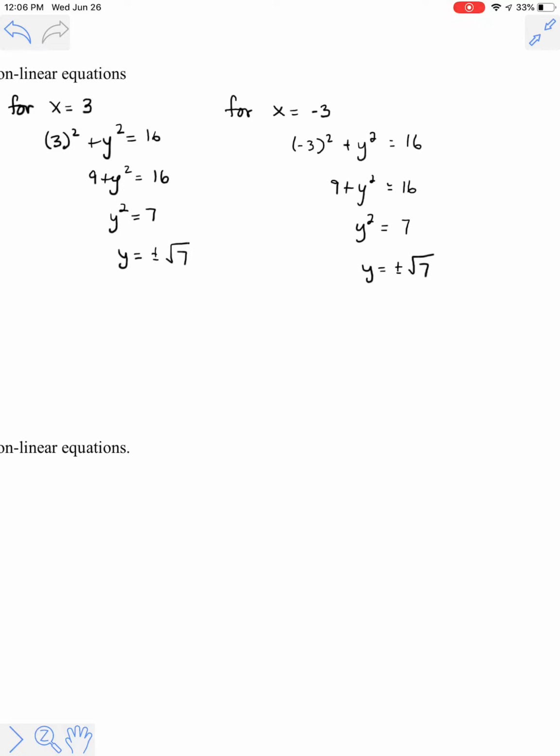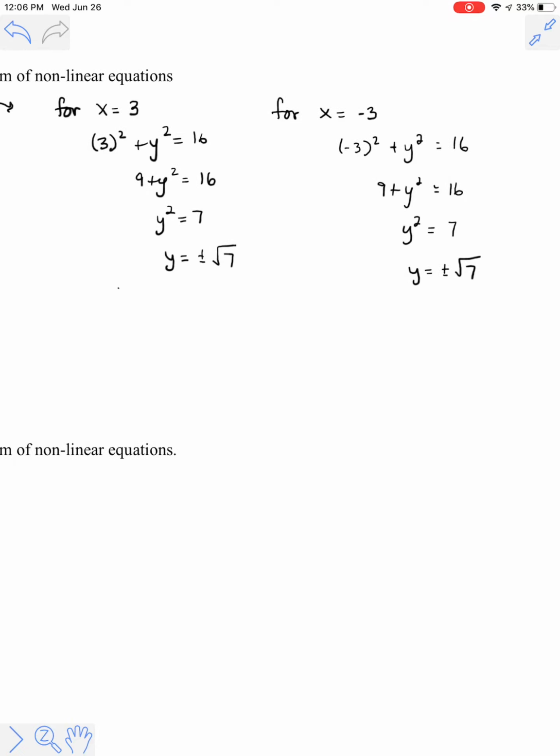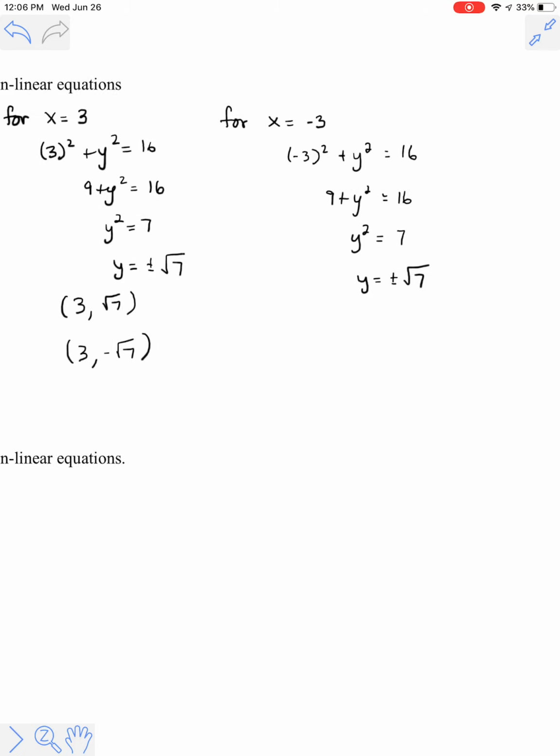So what we have here is actually 4 solutions. Going back to this one, we had when x was 3, we got positive square root of 7, but we also got negative square root of 7. Over here, when x was negative 3, we got positive square root of 7, and also negative square root of 7.